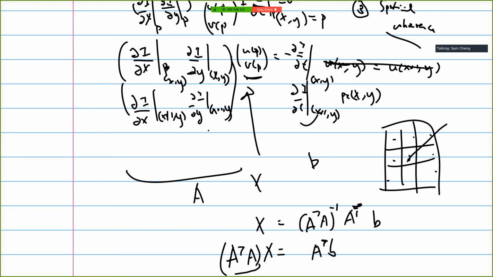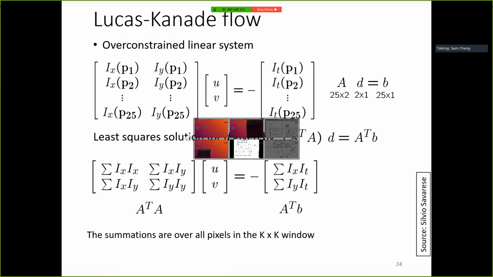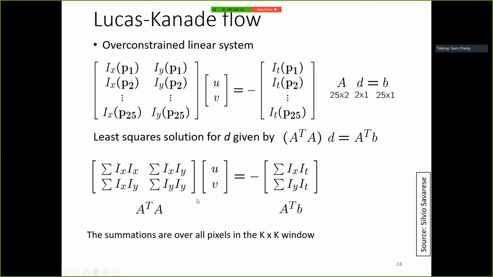So I'm supposed to solve this one here. And this A transpose A, I can write it like this, right? If I have an A transpose for this guy, you see that, right? Do I need to go further on this? Is that obvious? A transpose A is equal to this.